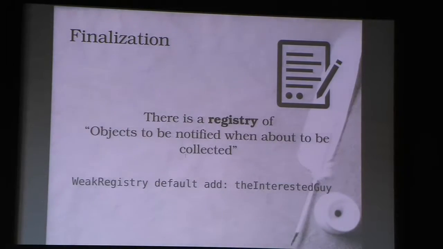In Pharo and Squeak, so far, we do that by registering an object in the registry by saying weak registry default at an object. We can create many different registries, but this is the default way to do it.